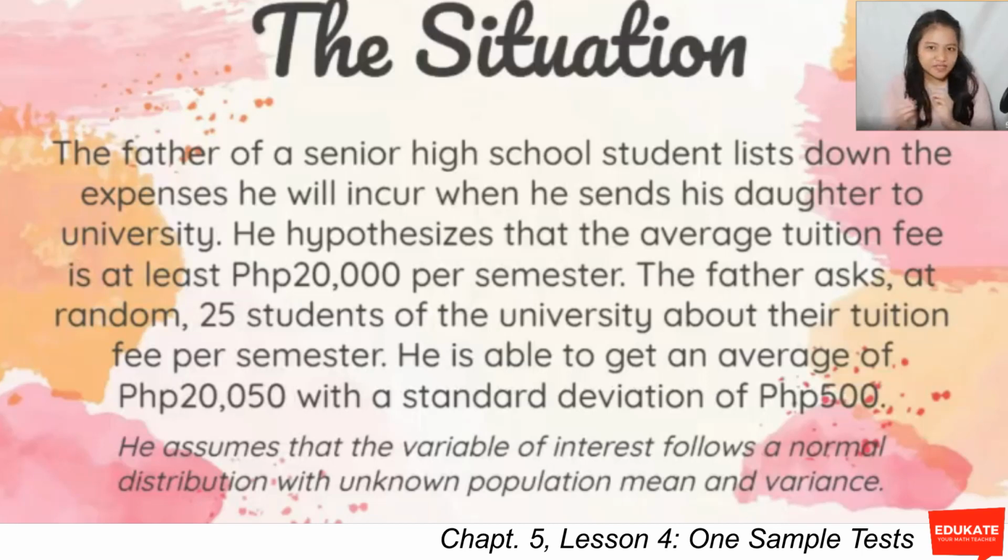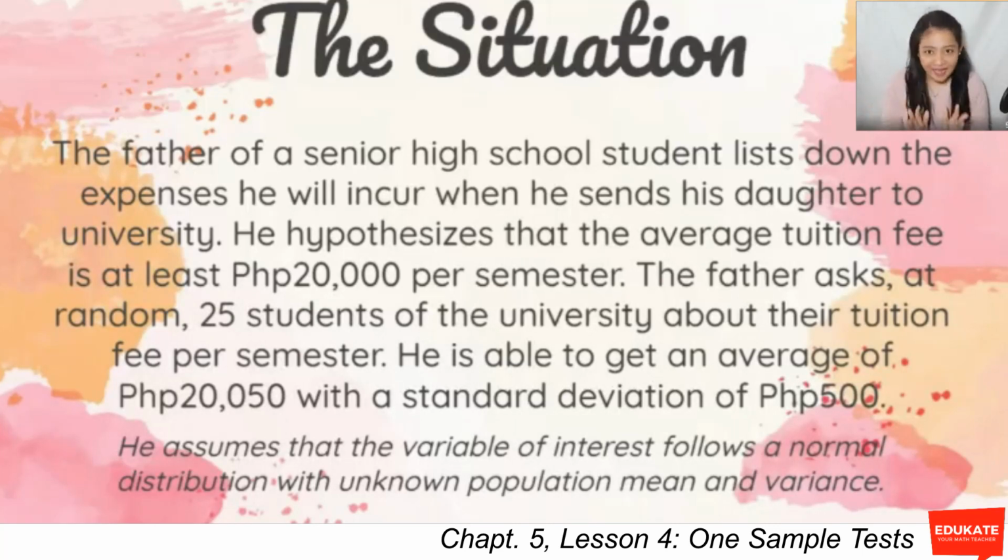So given this situation, let's say that the father of a senior high school student lists down the expenses he will incur when he sends his daughter to university. He hypothesizes that the average tuition fee is at least 20,000 pesos per semester.